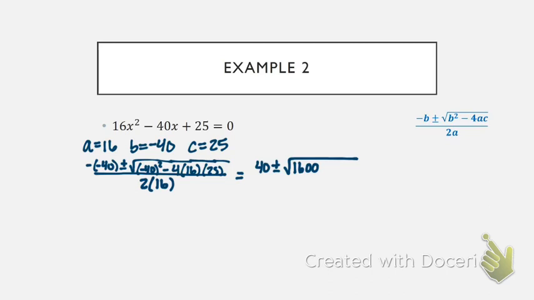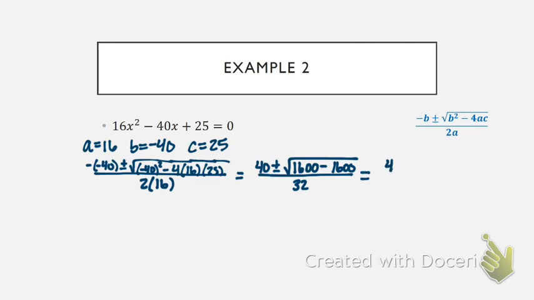And then 4 times 16 times 25 is 1,600, and that's divided by 32.